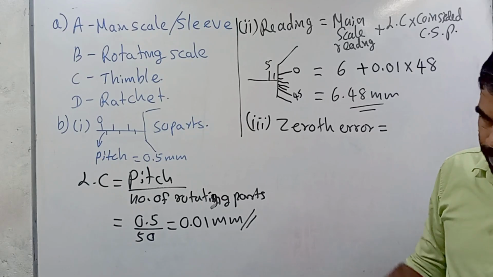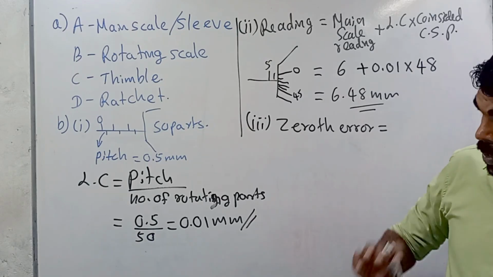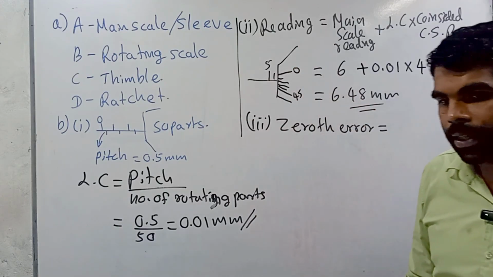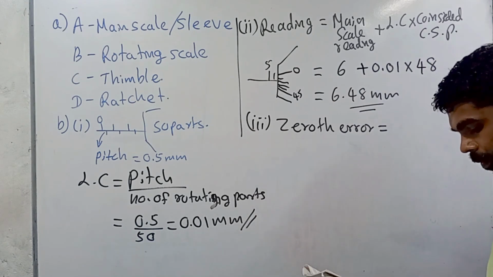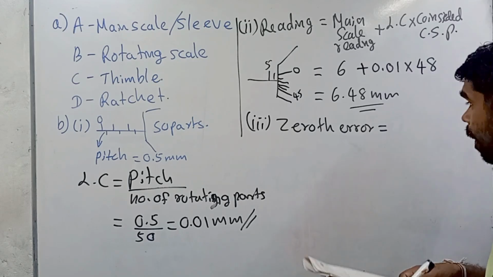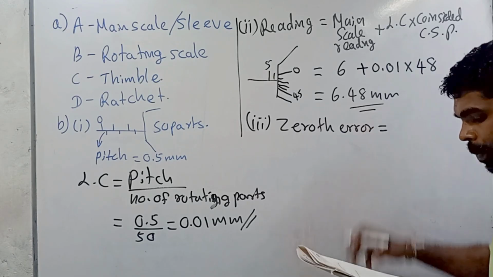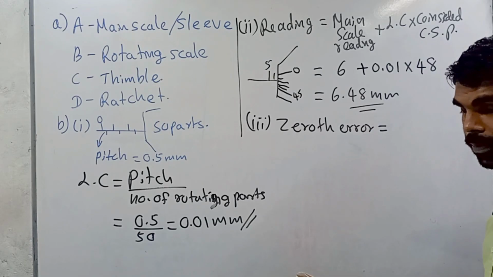In figure 2, the 0 mark is not given. It means the 0 mark is covered with this circular scale, rotating scale. Therefore, the corresponding zero error should be added to the reading.